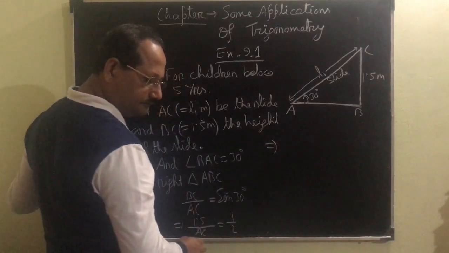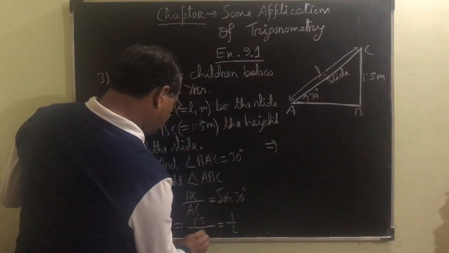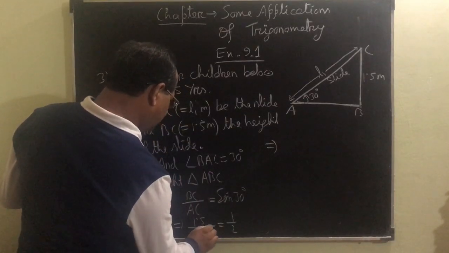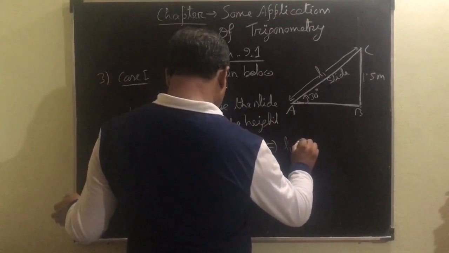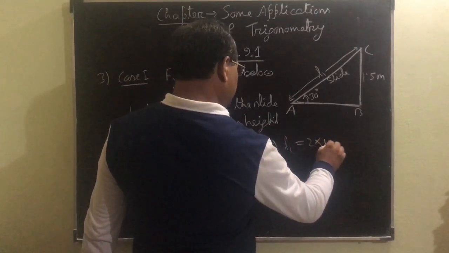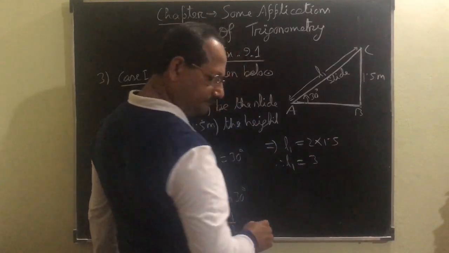So AC is L1, so L1 equal to 2 into 1.5, so L1 equal to 3.